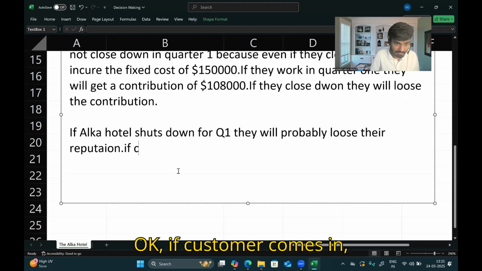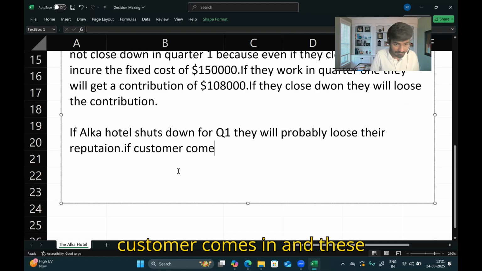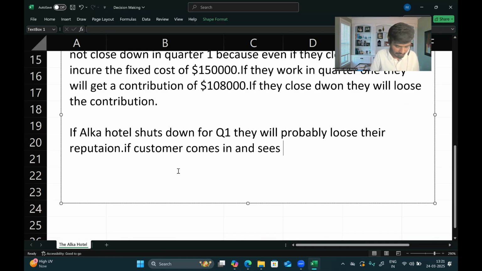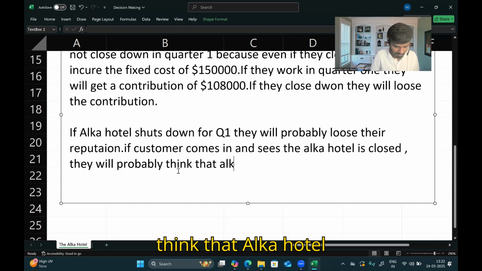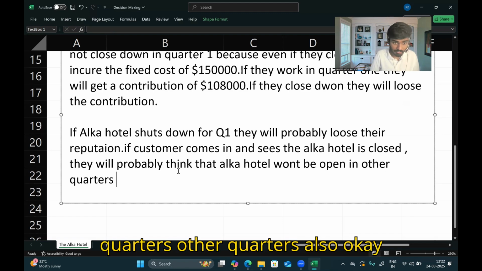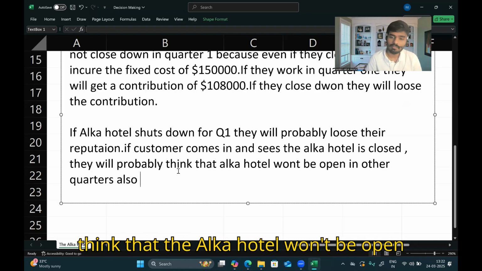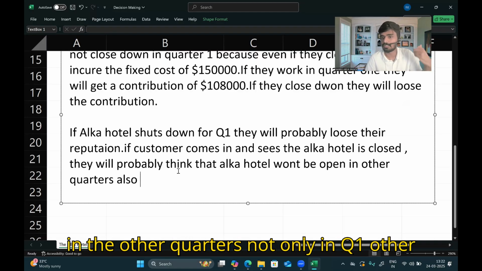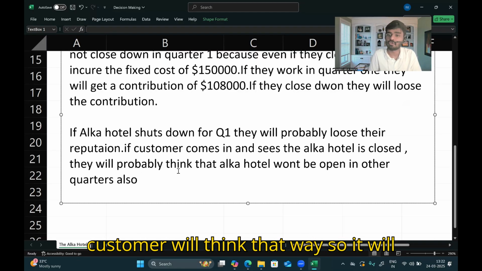If a customer comes in and sees the Alka Hotel is closed, they will probably think that Alka Hotel won't be opening other quarters also. Not only in Q1, other quarters also Alka Hotel won't be open. The customer will think that way, so it will affect their reputation.